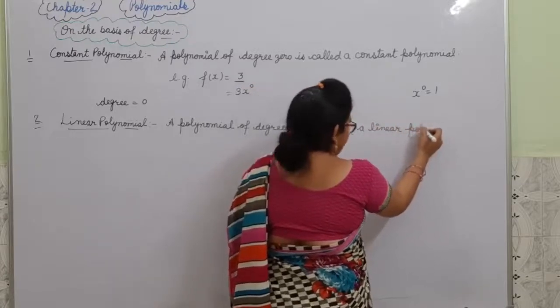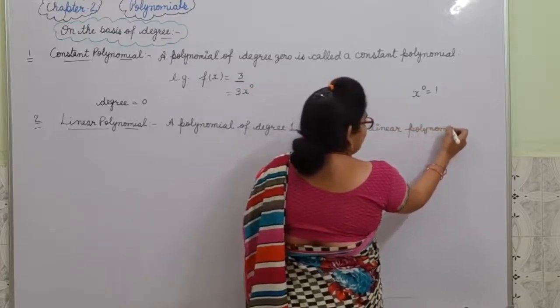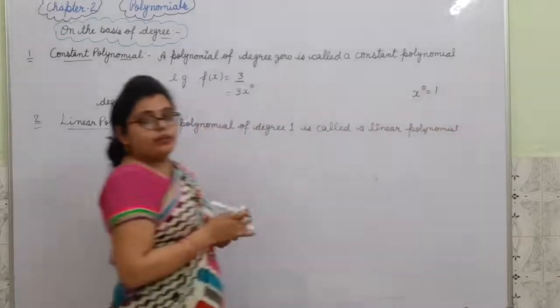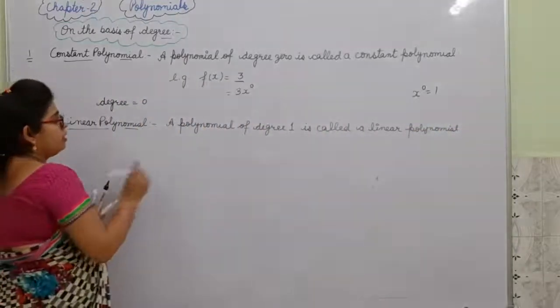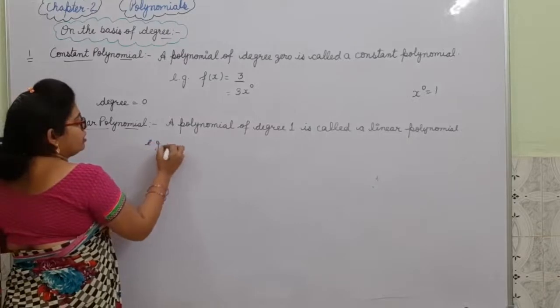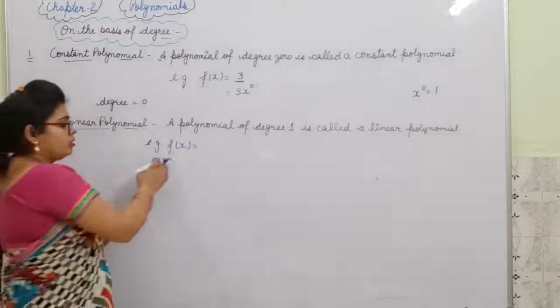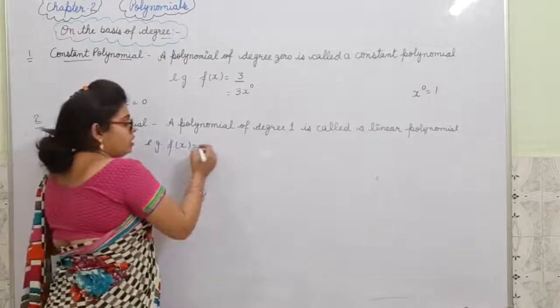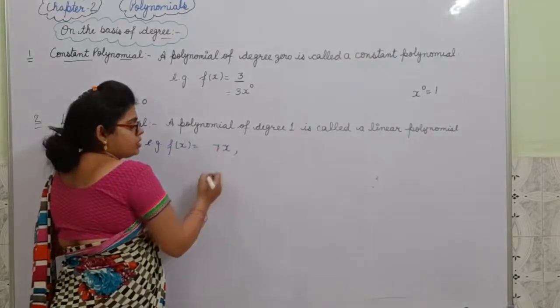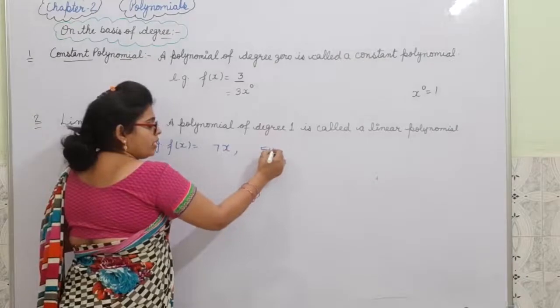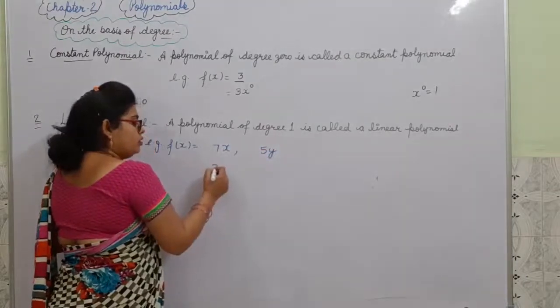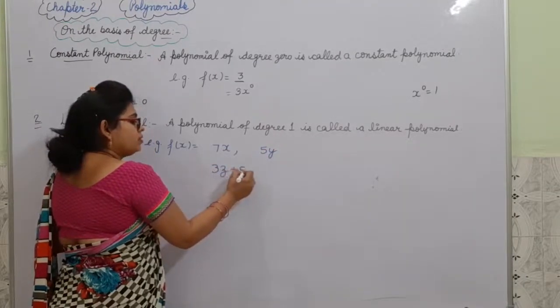For example, let f of x, this can be any function, 7x or 5y or 3z plus 5.